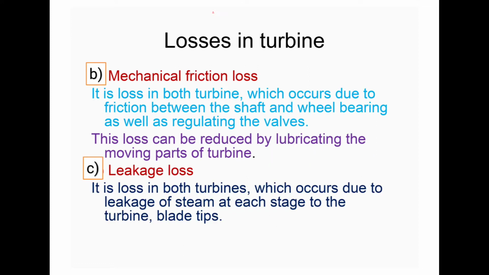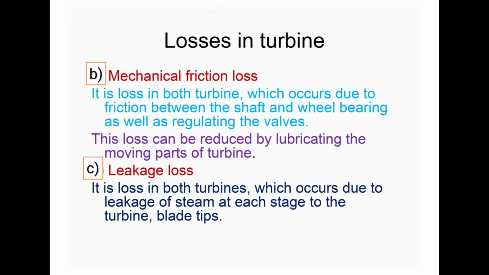The mechanical friction loss is another important loss, which occurs due to friction between the shaft and the wheel bearing as well as the regulating valves, which means some guiding or governing system will affect the steam flow inside the steam tube.